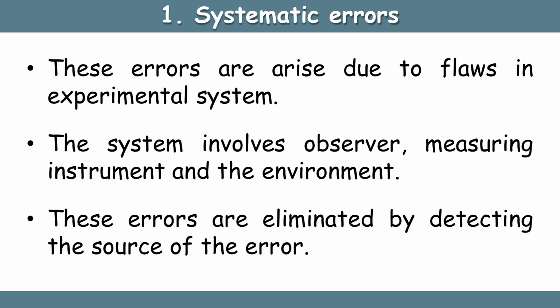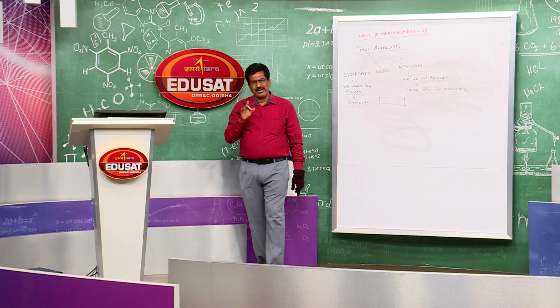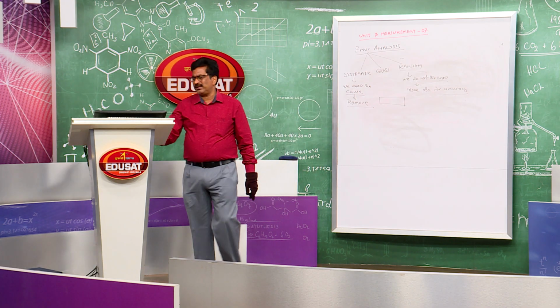Whenever some measurement is going on, these three things are there: the observer, the measuring instrument and the environment. These errors are eliminated by detecting the source of the error, because we know the cause and can detect it by knowing it.